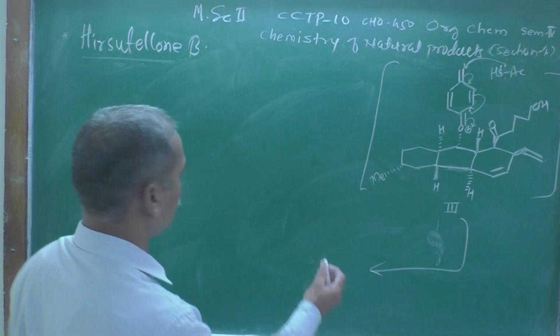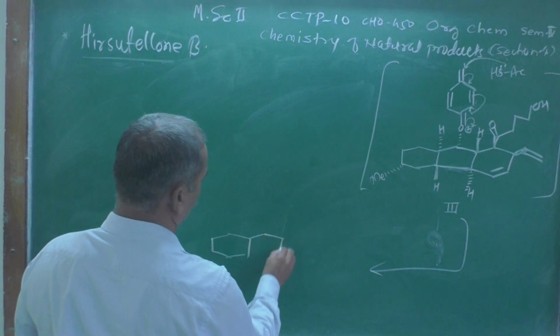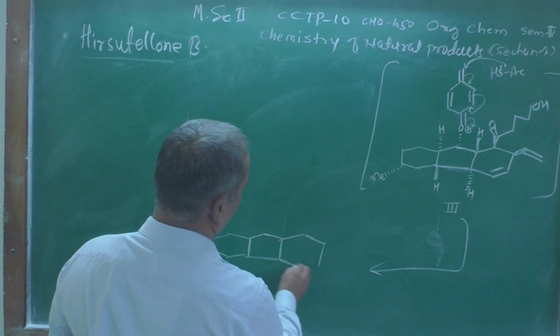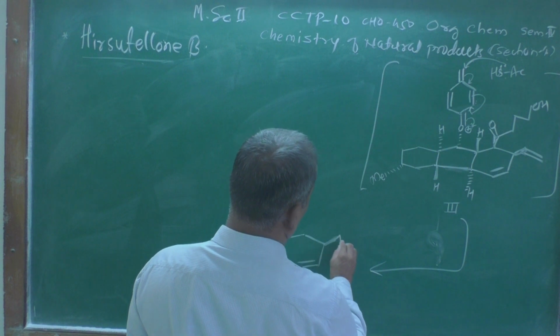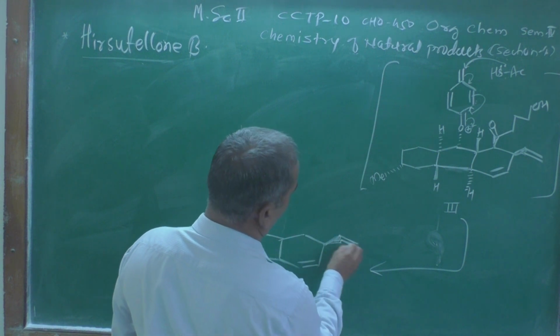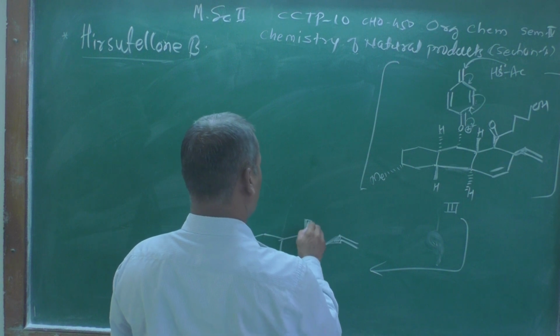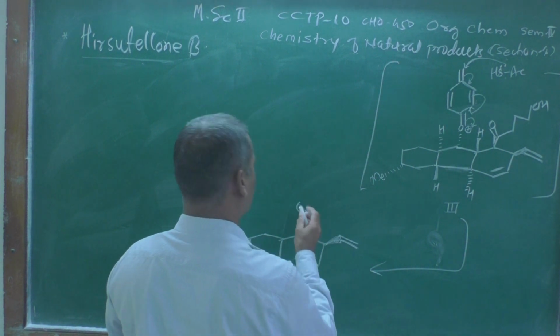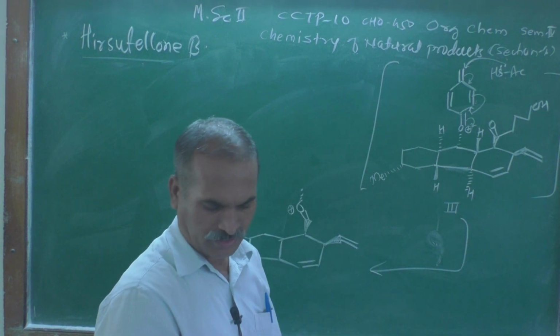Let's see that: 6-membered ring, then joined to 5-membered ring, and then 6-membered ring. Here is a double bond, and here this bond should be above the plane, and now here the carbonyl group at this position, and then it becomes a positive charge joined to that.